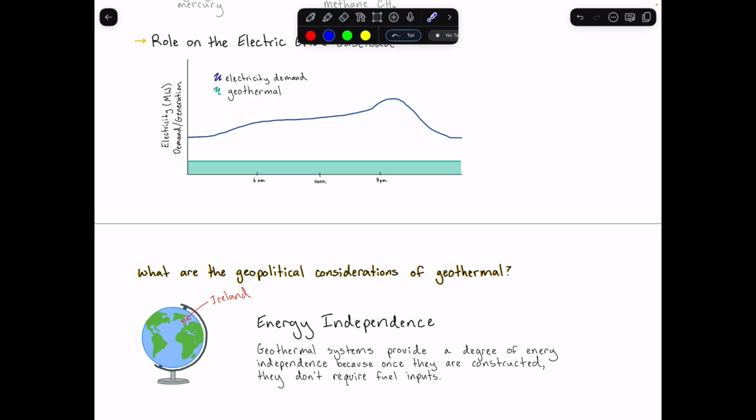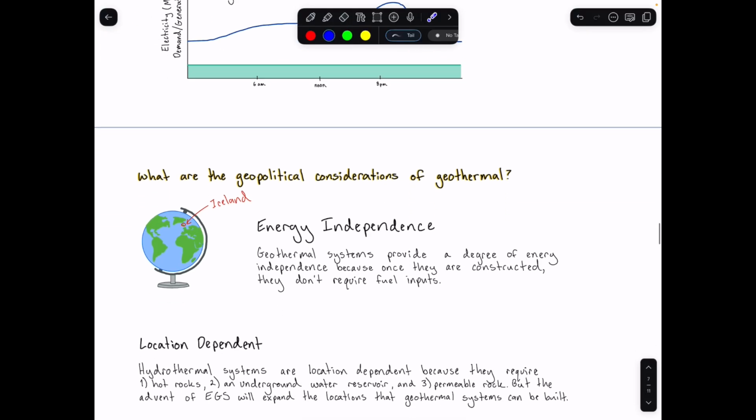An example of a country that has some degree of energy independence through its electricity generation with geothermal is Iceland. According to the International Energy Agency, geothermal accounts for about 32% of Iceland's electricity generation. So that's pretty cool.